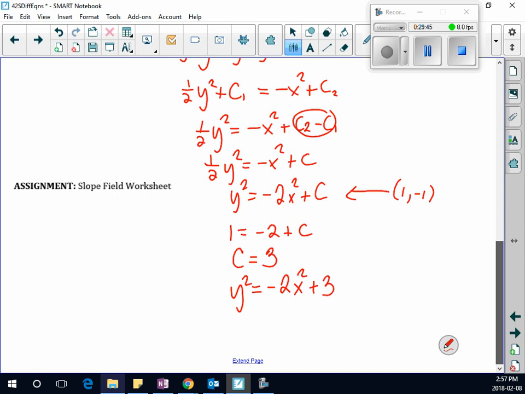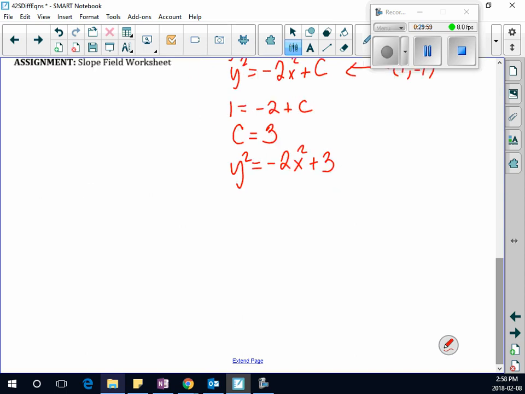And you might say, well, if you solve for y, do you remember how to solve for y? How do you solve for y? Square root both sides. So you get y equals plus or minus the square root of negative 2x squared plus 3.